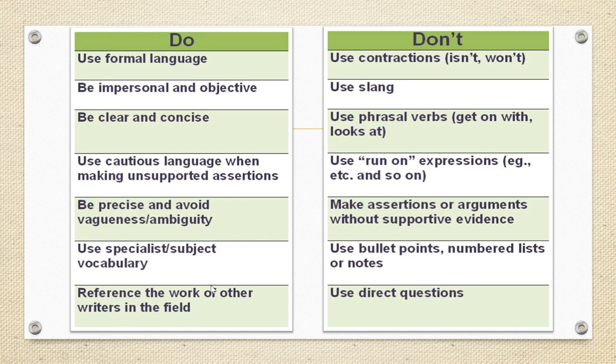Okay, well, now this point: bullet points and numbered lists. I have seen a number of times that you people give bullets, arrows, dots, circles, or ticks. This is not part of academic writing. Academic writing does not use bullet points, numbered lists, or notes.